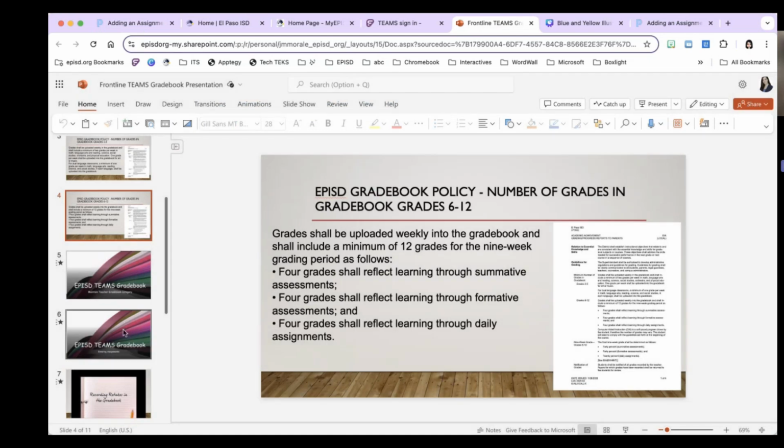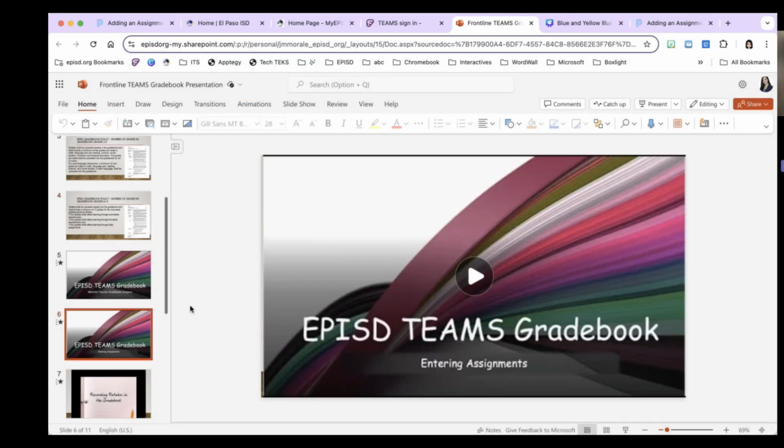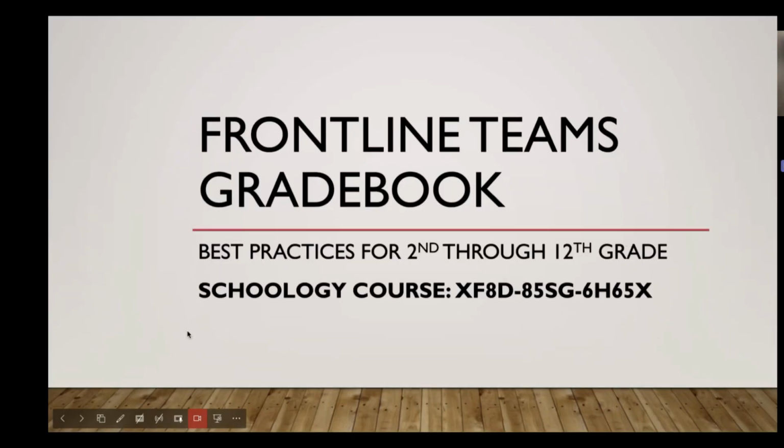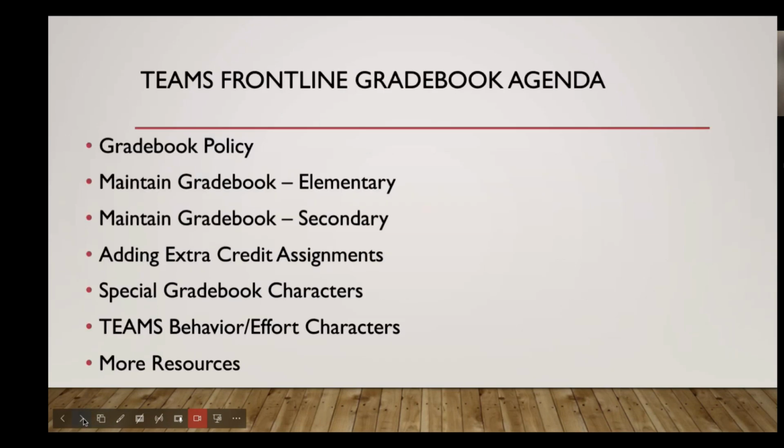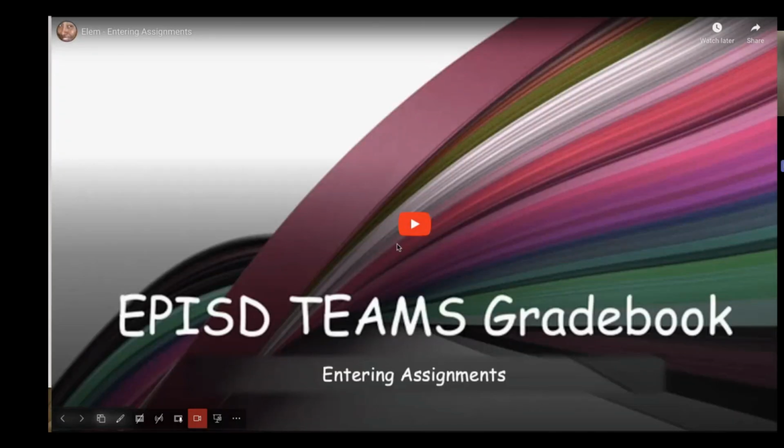And so I'm going to hop over to our video resource really quick, and I want to show you what it's going to be like to enter grades. Give me one moment. So I want to make sure that you can see this. I'm going to scroll on over to our resource here.